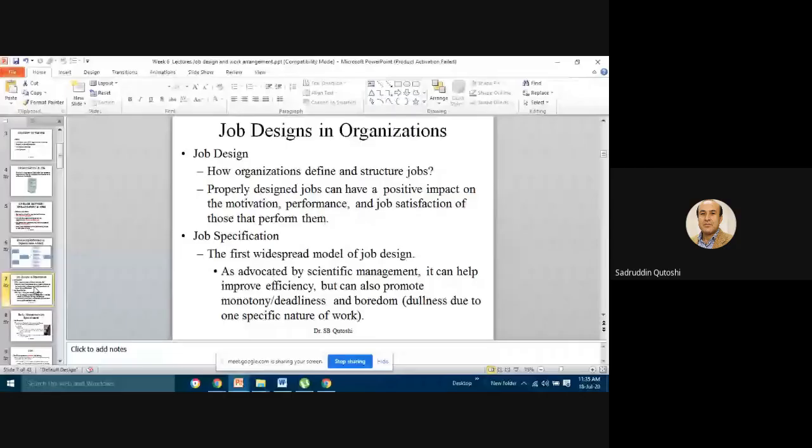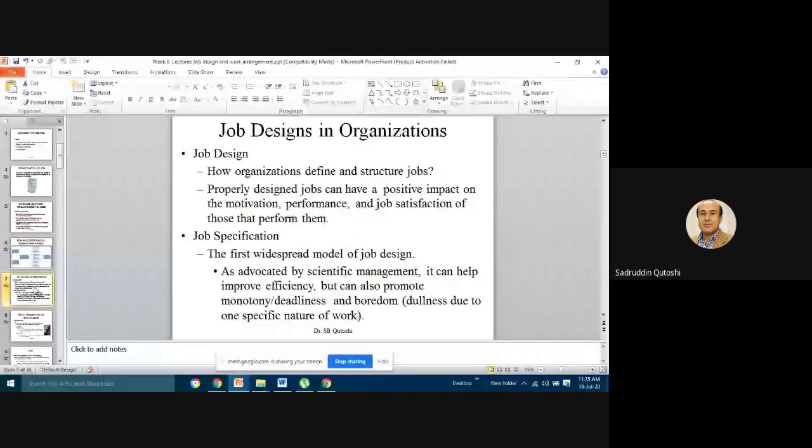You need to look at what the job demands, and what the nature of the task is that you expect from an individual to perform and get the desired results in line with the organizational mission.